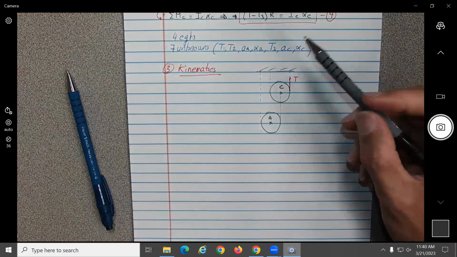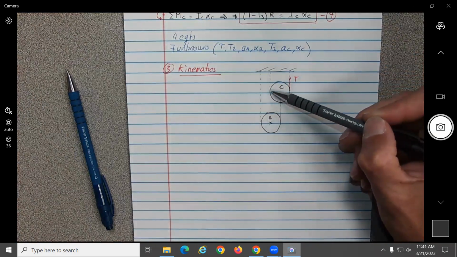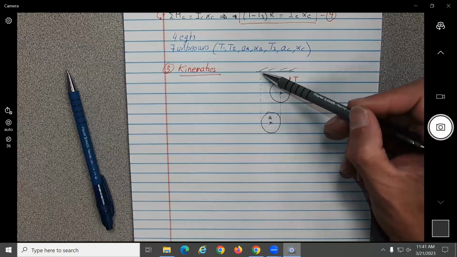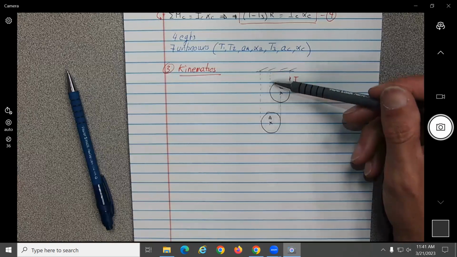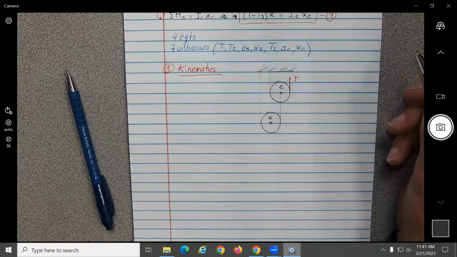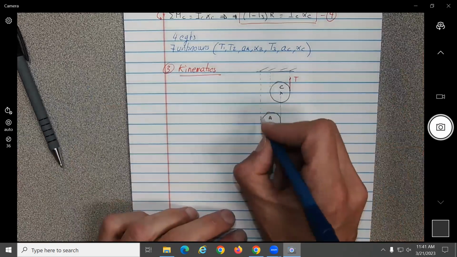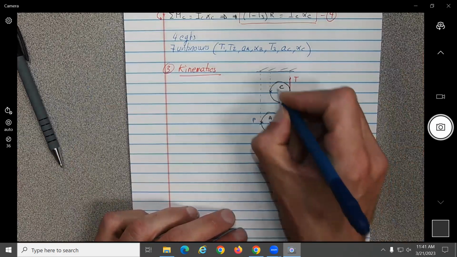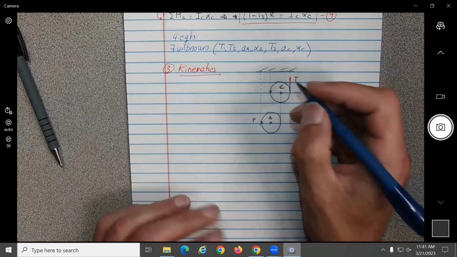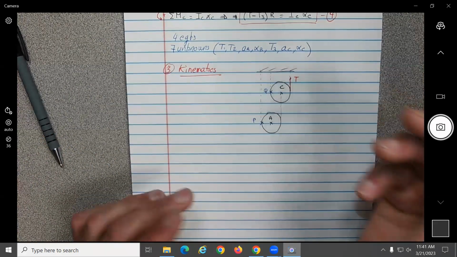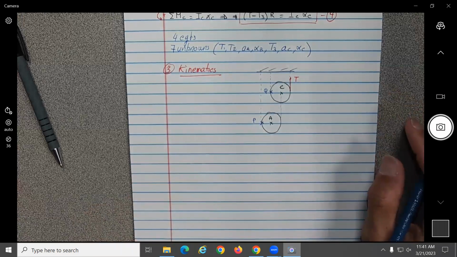So what do we know about this point here and this point here? These are instantaneous centers, no? Because what is the velocity of the wall? 0. So this pulley will be like rolling on top of this string, no? And the same thing for this one. Let's call this one P, and this one Q. Whatever you want, okay?